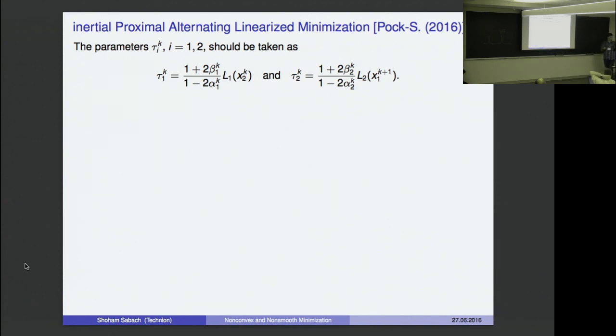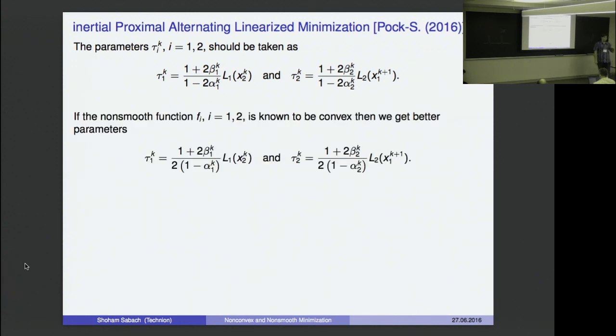As we know, usually the step size of the algorithm somehow depends on the Lipschitz constant. But here we also have the inertial parameters, beta and alpha. So you immediately see why we need to restrict alpha to be between 0 and 1/2, just to make it a non-negative number.